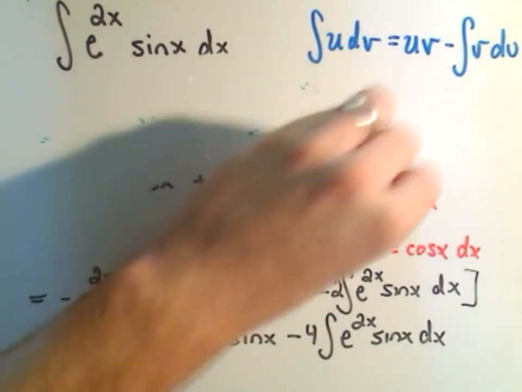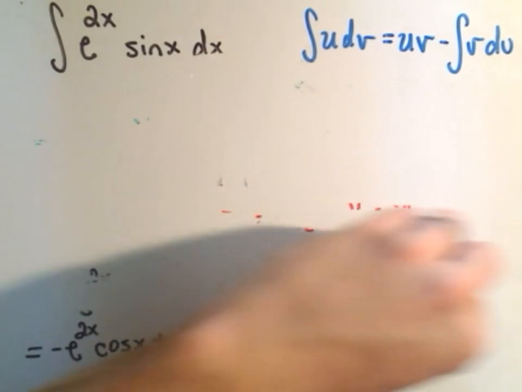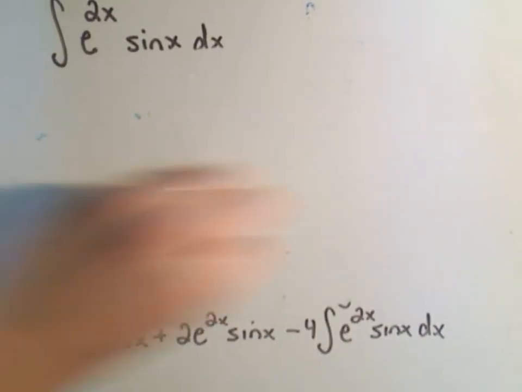So really what we have at this point, let me erase everything else except for my very last line, and get rid of my integration by parts formula.